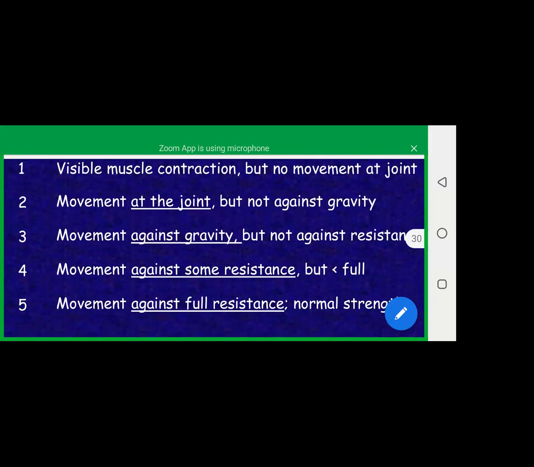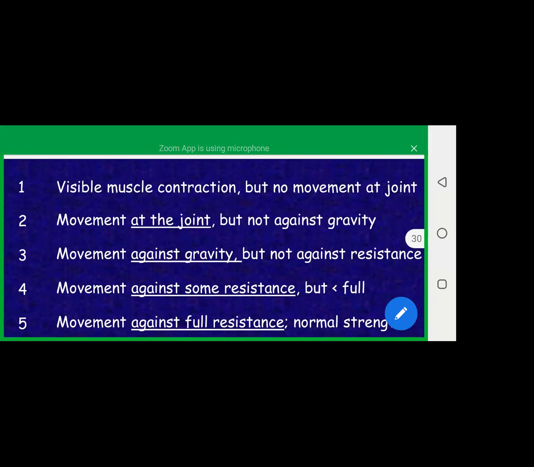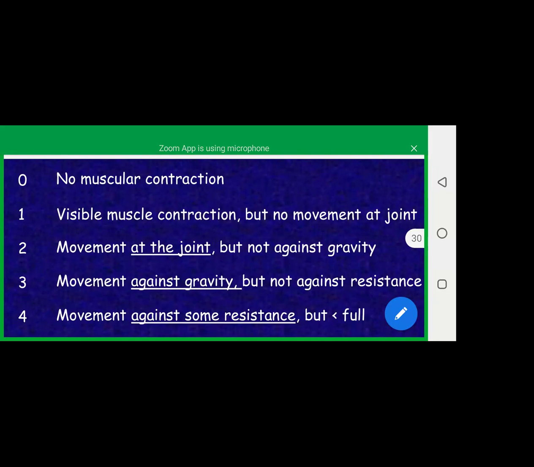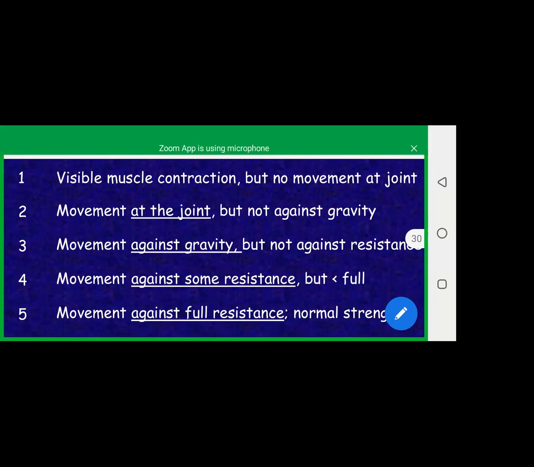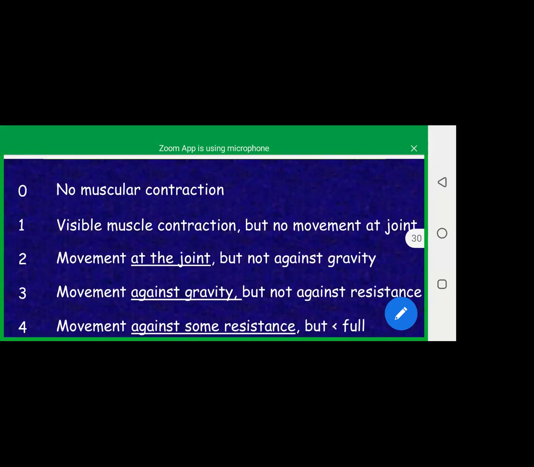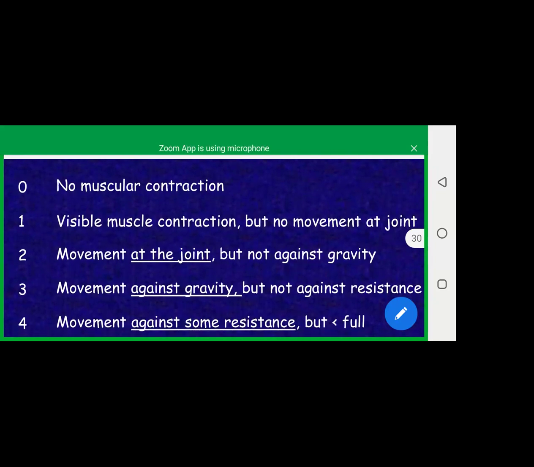This is the grading I told you of. Guys, just look at it, please. It's different from the power in GCS. You can see that the power here is graded from 0 to 5. 0, there's no movement. 1, there's only what we call flicker of movement.